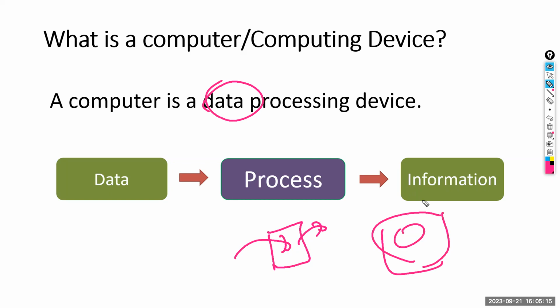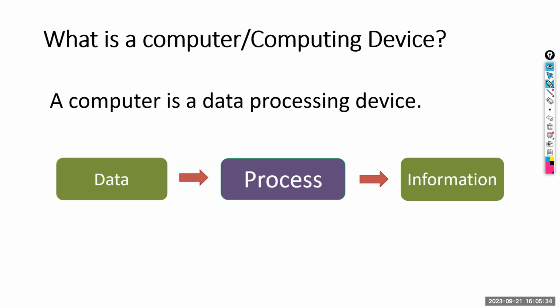So why do you buy a vehicle or car? Because we want to do some transportation. So similarly, why do we buy a computer? Because computer can process data, or computer can process data into information. So therefore, the simplest answer is computer is a data processing device.